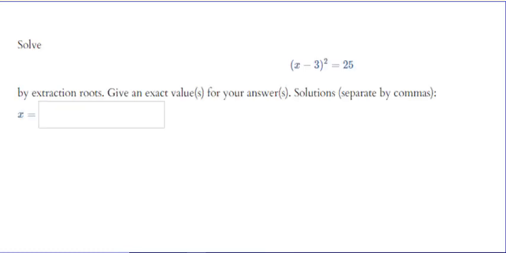Okay. For this one, we're going to use the calculator to let it solve. So we've got to put this in y1 and this in y2, right? And see where they intersect. And we know we're going to have two answers because they said separate them by commas. So here we go, y1 and y2.